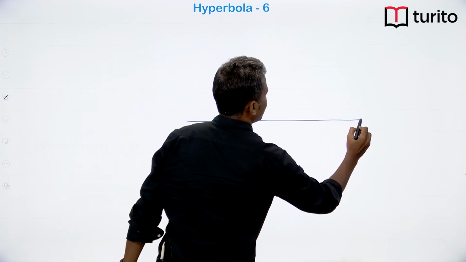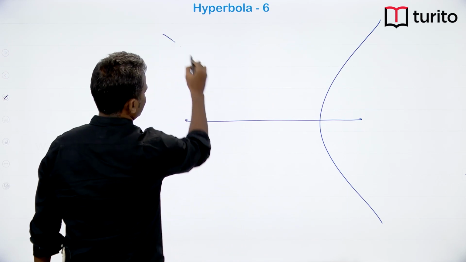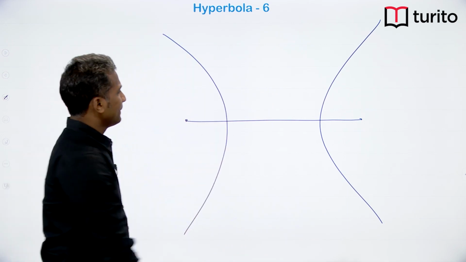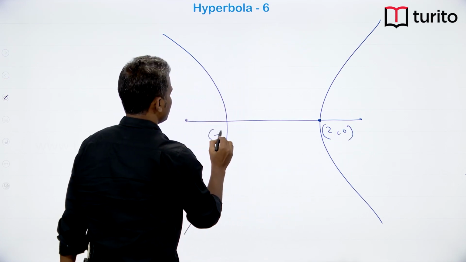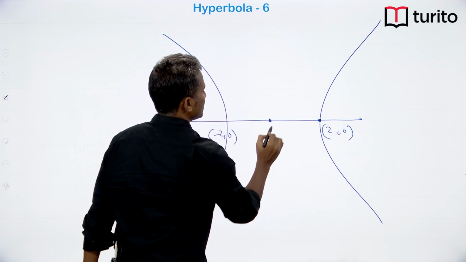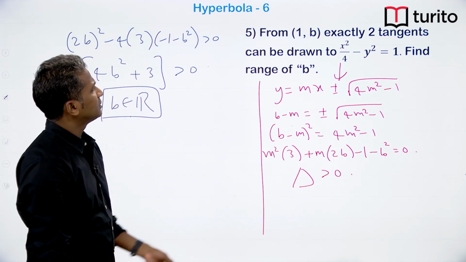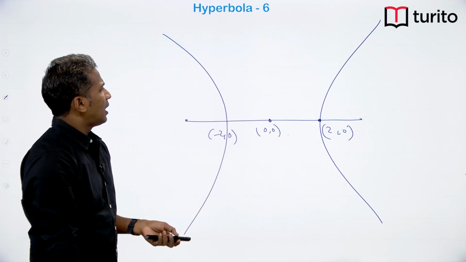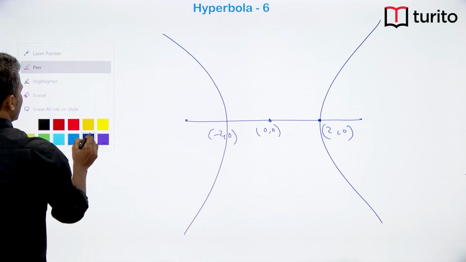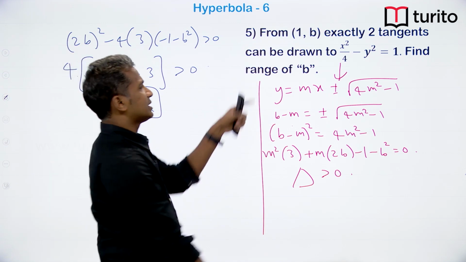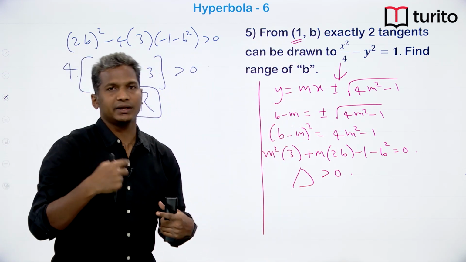Suppose there is this hyperbola. This point is going to be (2, 0), this is (minus 2, 0), and this is the center, which is (0, 0). The point (1, b) has one coordinate fixed: the x coordinate is fixed but the y coordinate is varying.